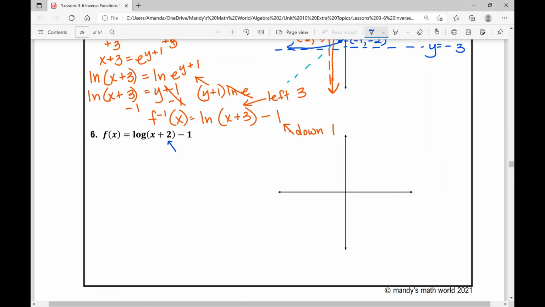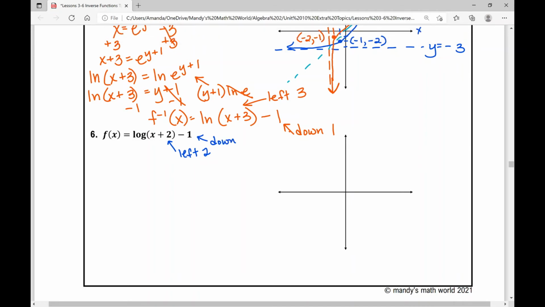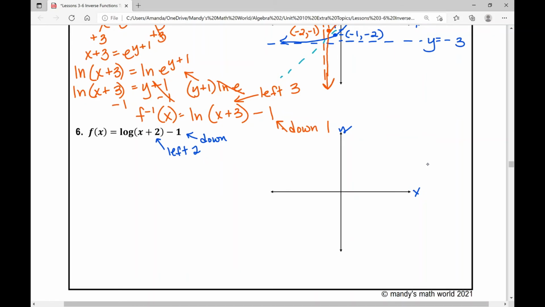The transformations applied are left 2 and down 1. So what's going to affect this function right here is the horizontal movement. So instead of my vertical asymptote being at x equals 0 on the y-axis, we're going to move left 2. And there's where the asymptote is going to be, x equals -2.